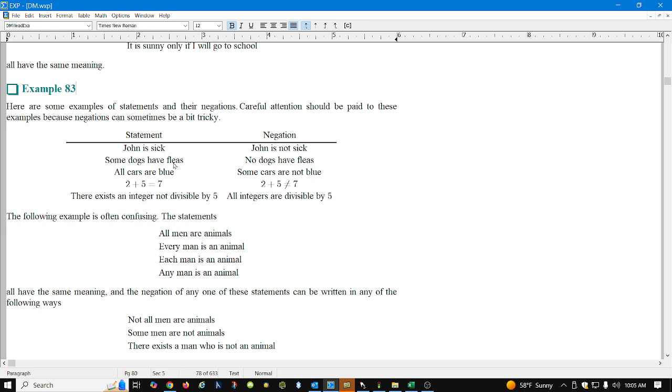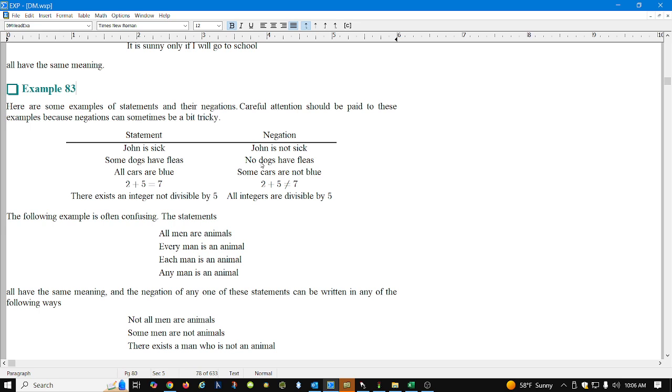In fact, I'm sure that's true. The negation of a statement has the opposite truth value as the statement. Some dogs have fleas, some dogs do not have fleas. Both of those are probably true. So they can't be negations of each other. To negate some dogs have fleas, it is no dogs have fleas. Not a single dog has fleas.